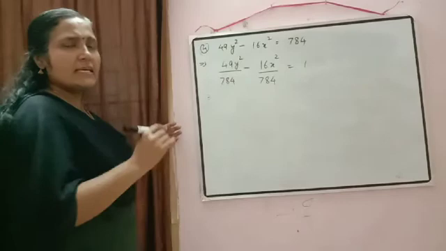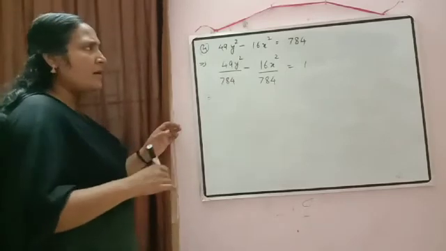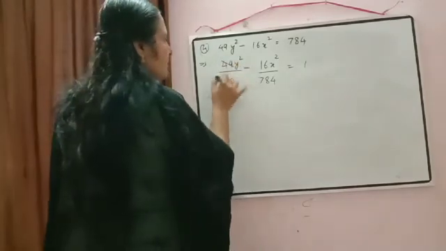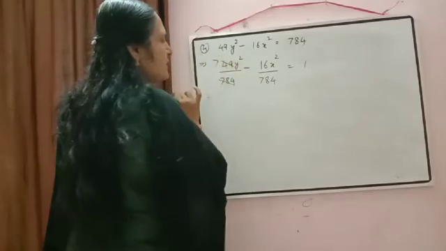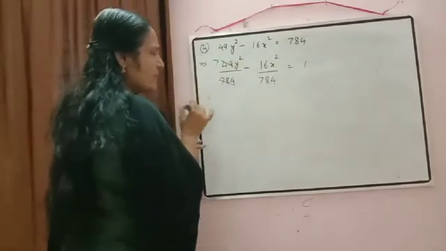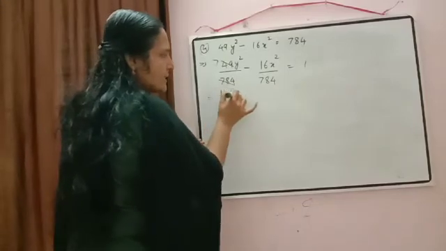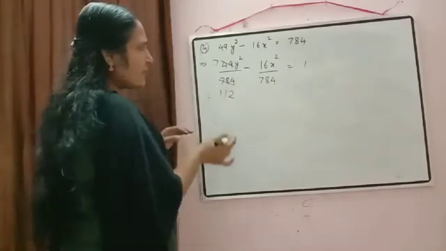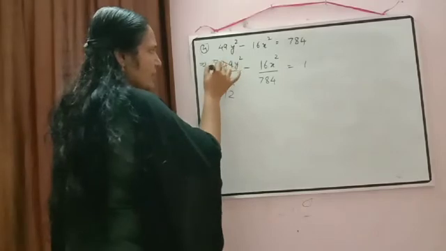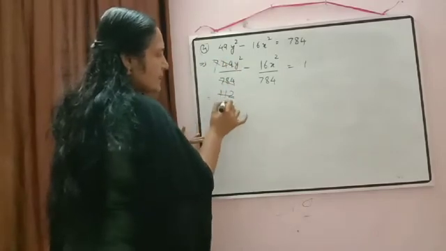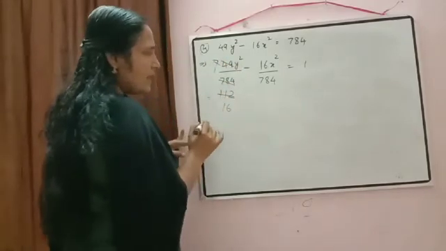Now we can check whether cancellation is possible or not. So can we cancel it by 7? Then 7 sevens are 49, 7 ones are 7. Again 7 twos are 14. So just to check whether it is divisible by 7 again. 7 ones are 7. 7 sixes are 42.